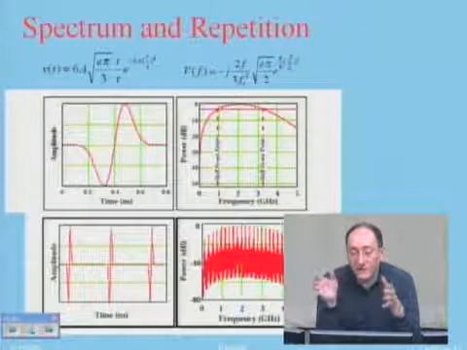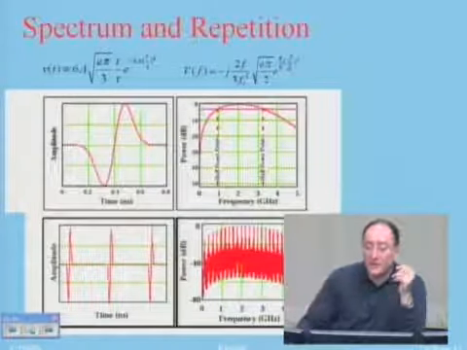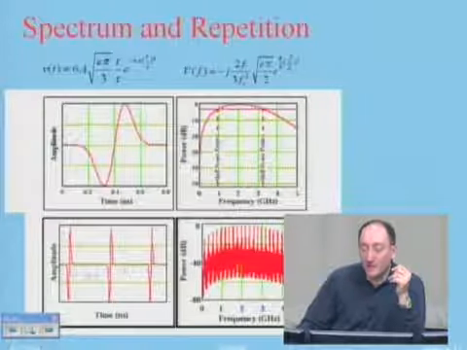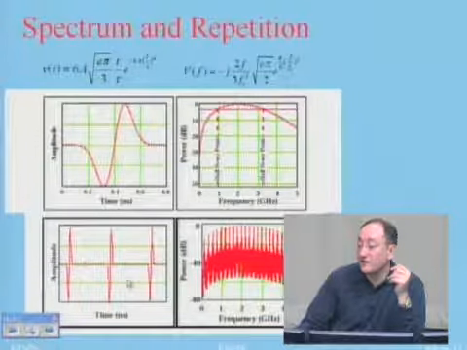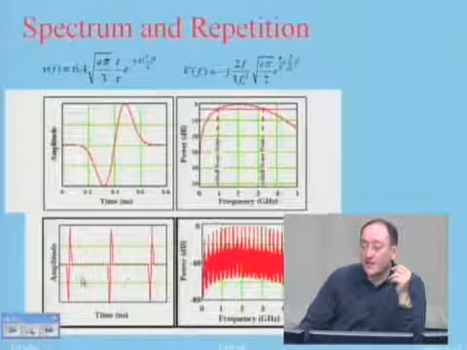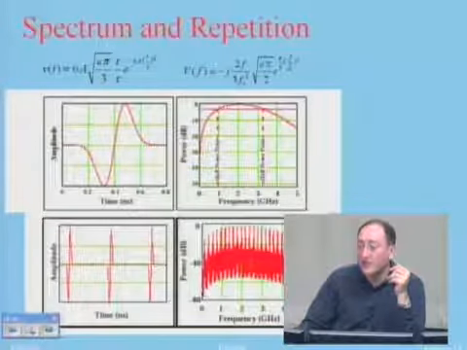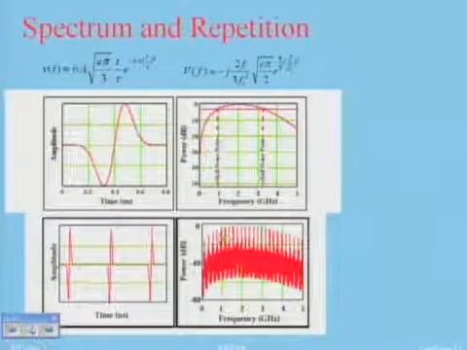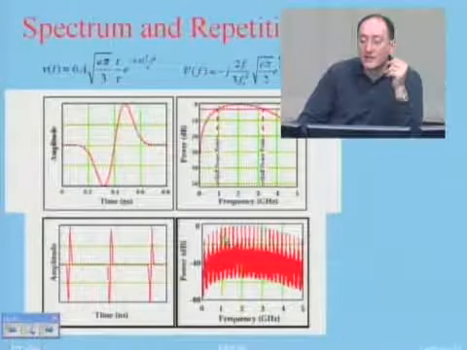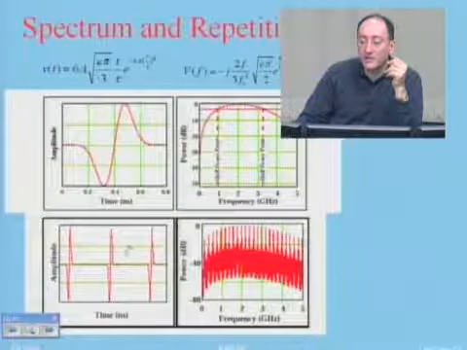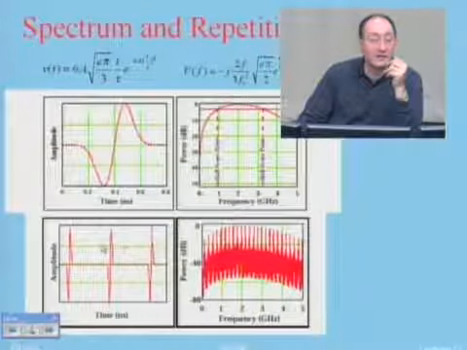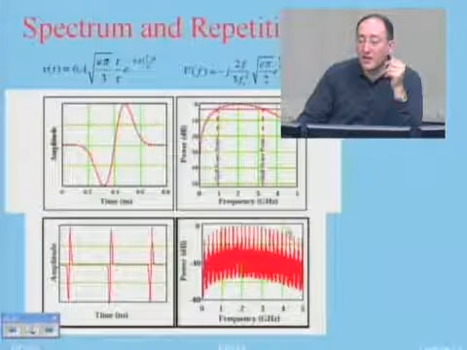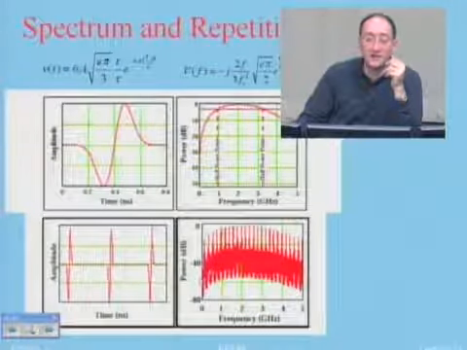First let's see what the effect of repetition is. If I repeat this pulse, for example, every 100 nanoseconds, what will happen is that in the spectrum I will have things like this. The distance between these two is 1 over this distance in time. So basically I have the same pattern of spectrum, but with fluctuations up and down.